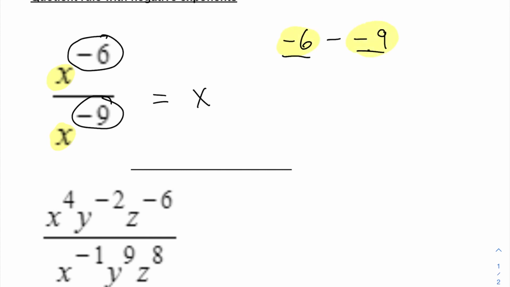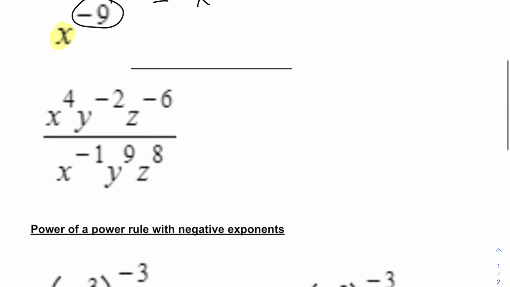This is the top one, this is the bottom one, and you have to subtract them. So it's negative 6 minus negative 9. What is the answer to negative 6 minus negative 9? I believe it is, since these become a positive, a positive 3. Negative 6 plus 9 is 3. So I am done with that one.